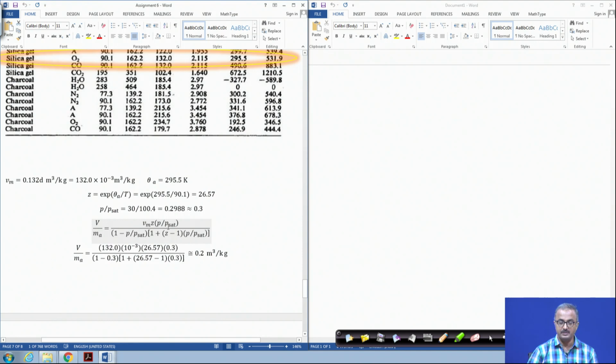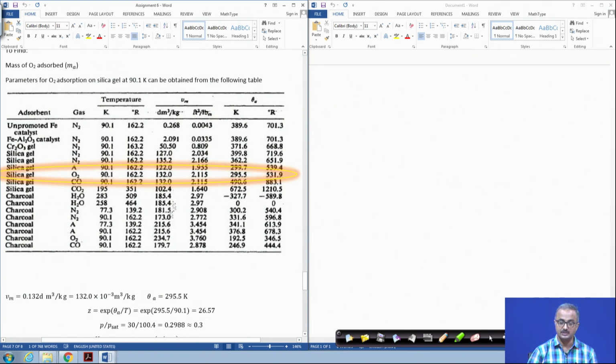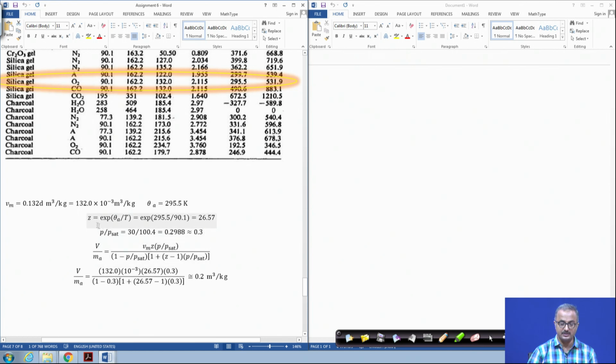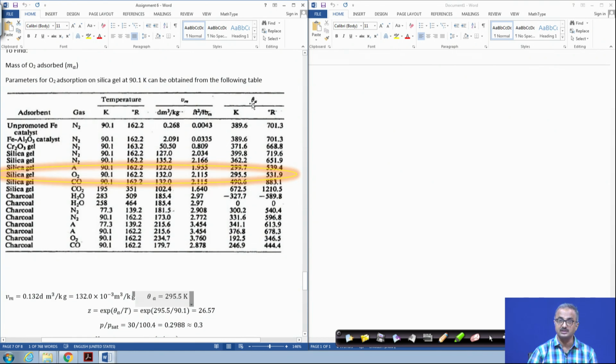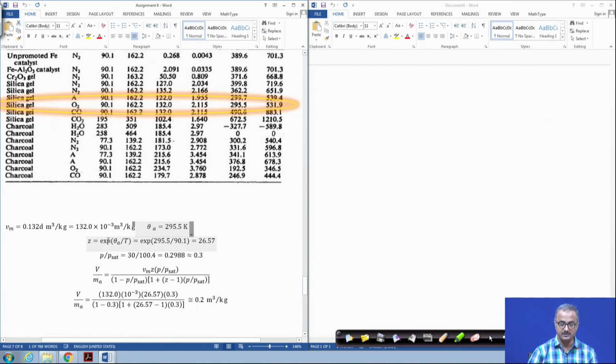We have been given the value of the saturated pressure in the question itself, and the rest of the values like Vm, Z, etc. can be found from this particular table. This Z value has been calculated based on the value of theta A. So from theta A we take this formula to get the value of Z and then plug in the values in this equation.